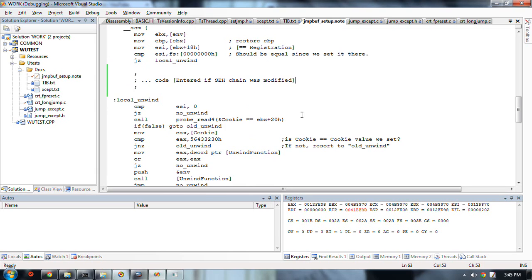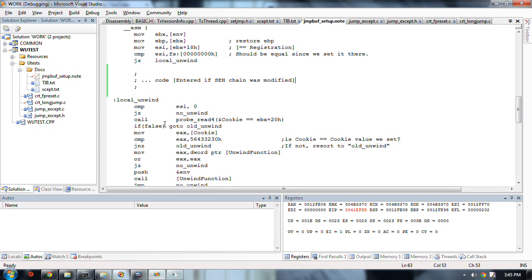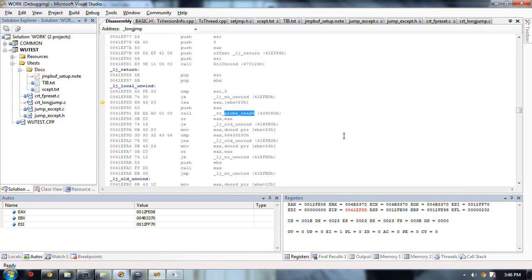I didn't write it all down here, but this is the way I've written it in pseudocode. So check if SI is 0, no unwind, call probe read 4, that means probe 4 bytes at address cookie to see if we can read there.